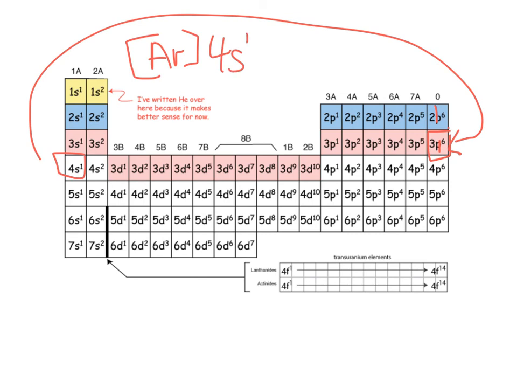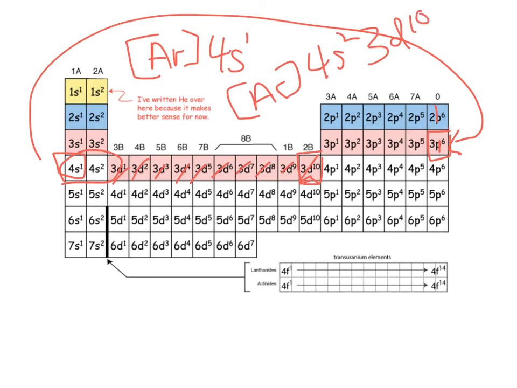If we're doing an element that's down here like zinc that ends in 3d10, I would do the argon in brackets because that's the noble gas before this one, and then I would put in 4s2 because that's filled, and then I would count off 1, 2, 3, 4, 5, 6, 7, 8, 9, 10, and that one would be 3d10, and this would represent zinc.